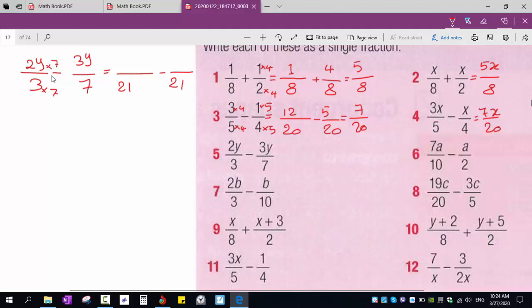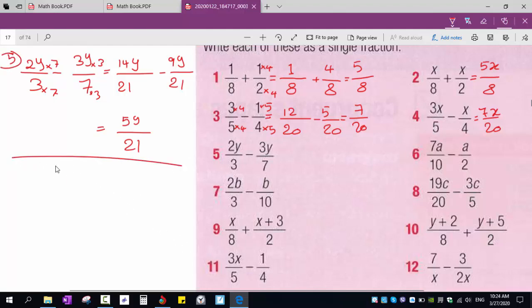How 7 becomes 21? Times 3. 7 times 3 is 21, 3 times 7 is 21. 2y times 7 is 14y. 3y times 3 is 9y. 14y minus 9y is equal to 5y over 21. That was question 5.